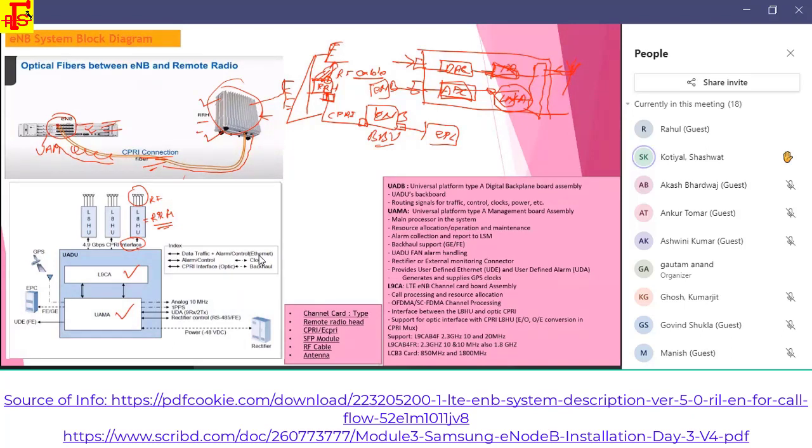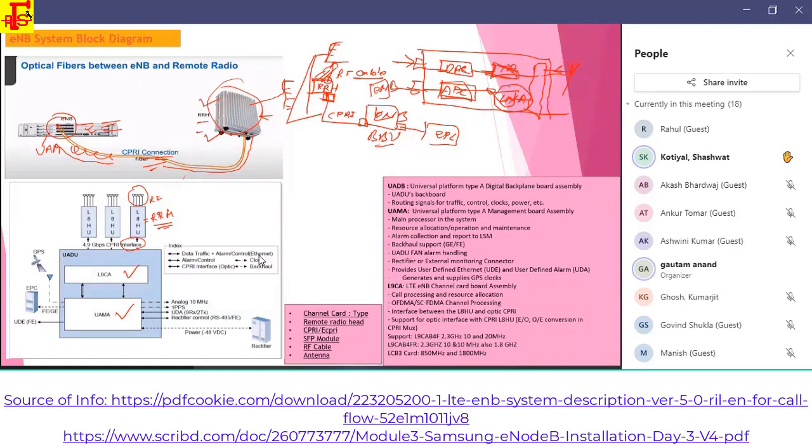So this RRU will take care of the transmission from digital to analog conversion, so that the RF, the radio part, will be taken care of. My understanding is that OFDM would happen in baseband processing.